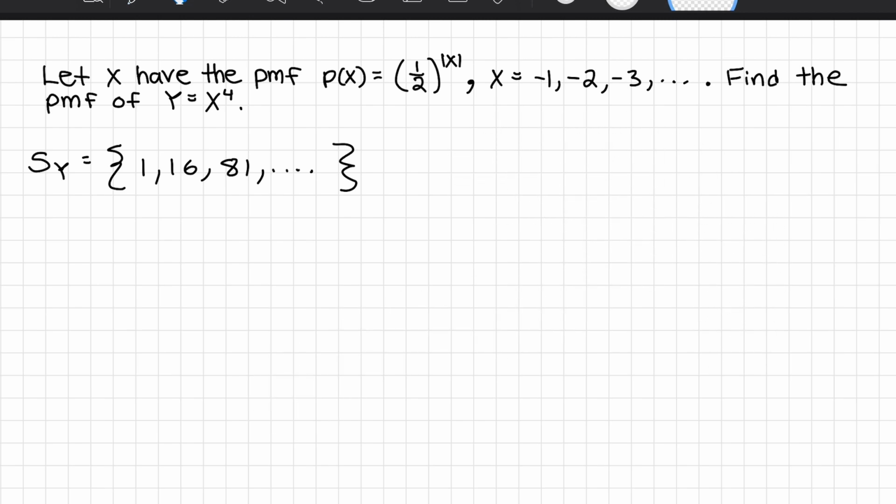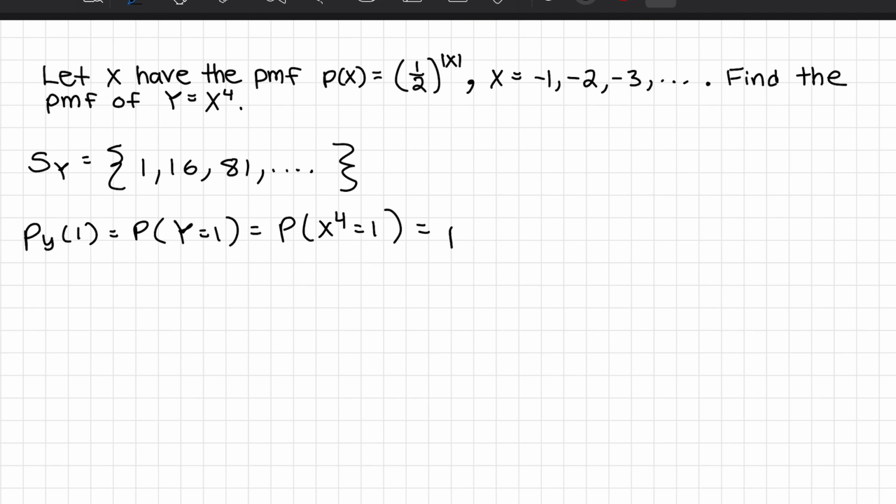Now that we have our support of y, we're going to do this case by case. For the first case, we're going to use the number 1. I'm going to set the PMF of y with 1 inputted into it equal to P(y = 1), and y in this case is equal to x to the power of 4, so I'm going to do P(x^4 = 1). This is equal to the PMF of x, where I find the fourth root of 1. I'm going to be finding the inverse of my function.